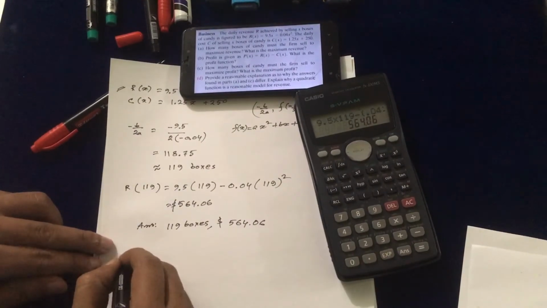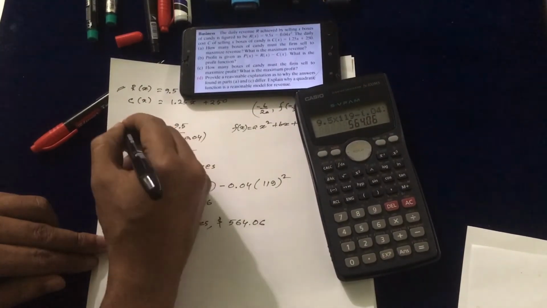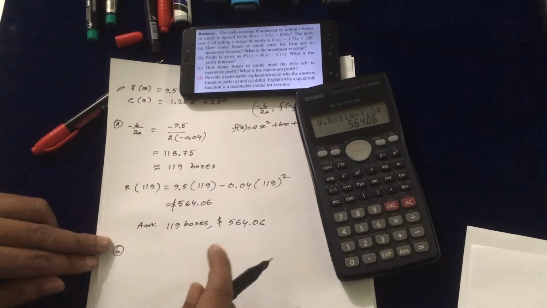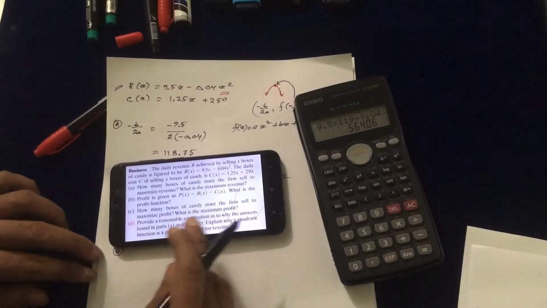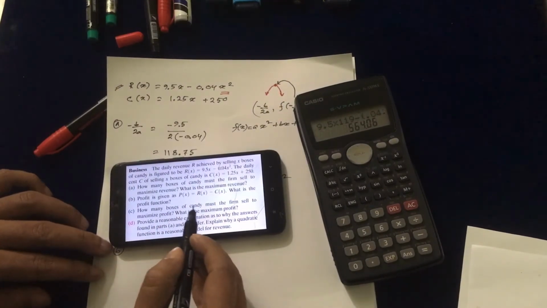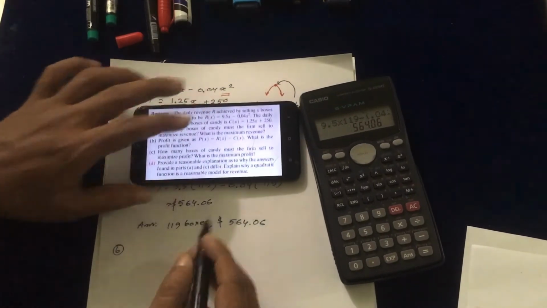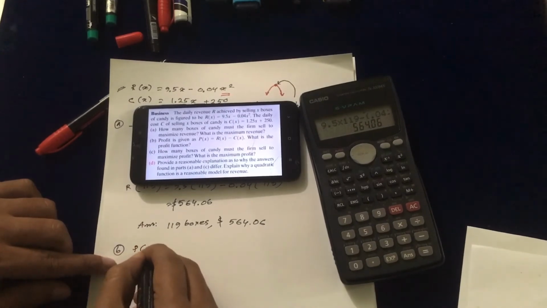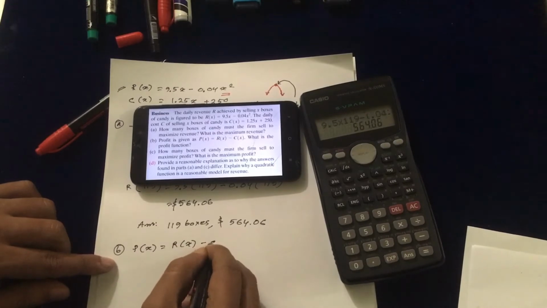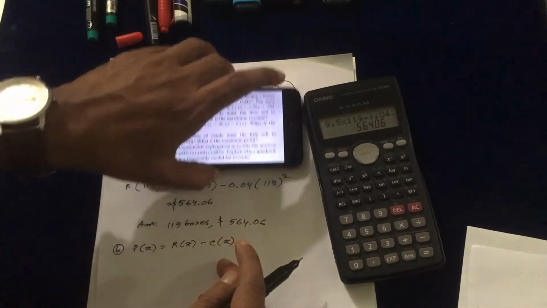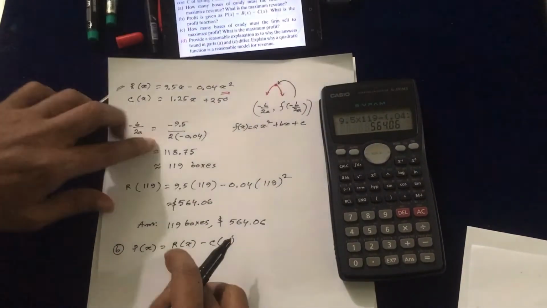This is part A. Now part B. Profit is given as P of x equals R of x minus C of x. What is the profit function? So you will find out the profit function now. C of x is the cost function, R of x is the revenue function.